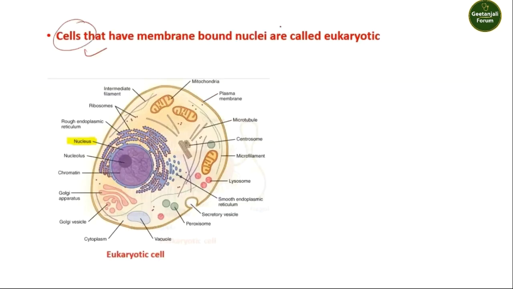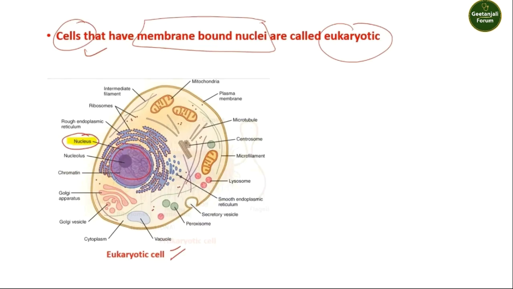Now the cells that have membrane-bound nuclei are called eukaryotic cells. You can see here, this is a eukaryotic cell. Inside it, this is the nucleus, which is surrounded by a membrane. It means the nucleus is covered by a membrane. The cells which have this nuclear membrane are called eukaryotic cells.